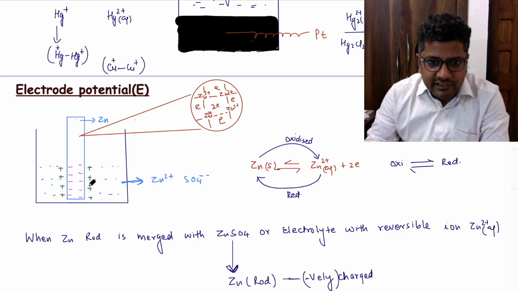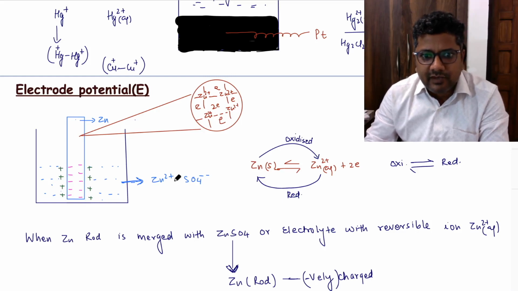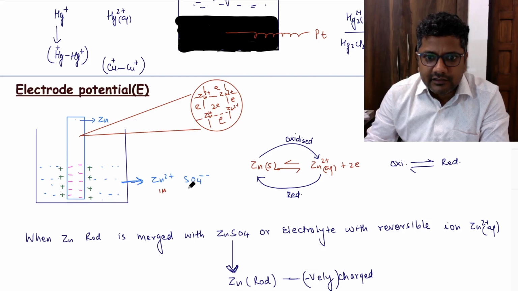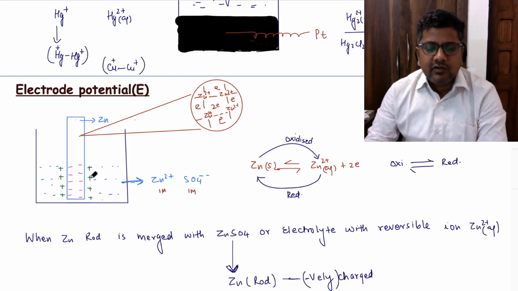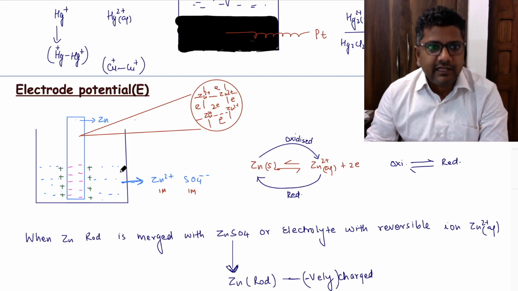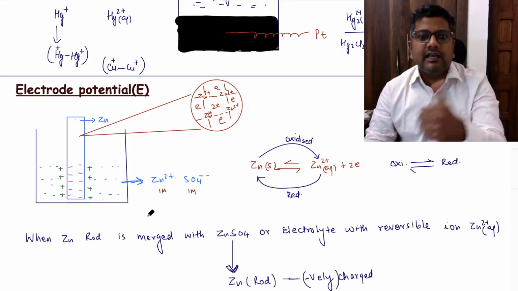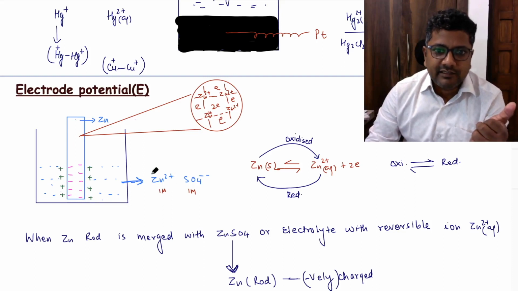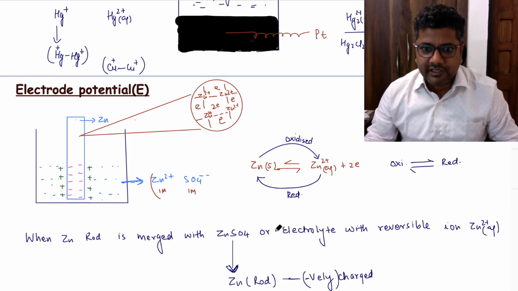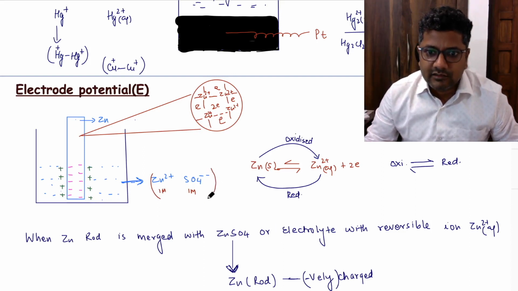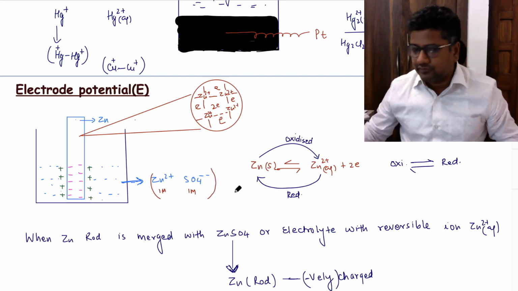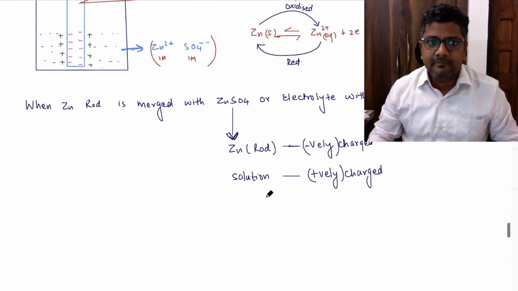And the excess of Zn2+ means if you have taken 1 molar, then at equilibrium the concentration of zinc ion in the solution will be more than 1 molar. If you have taken ZnSO4 1 molar at T equal to 0, so I should write here separately.